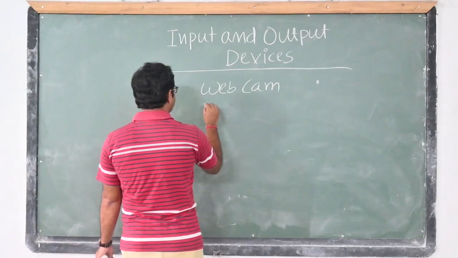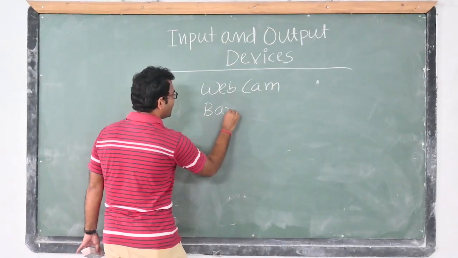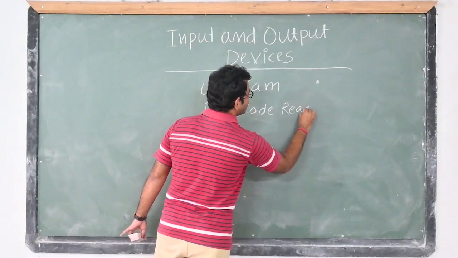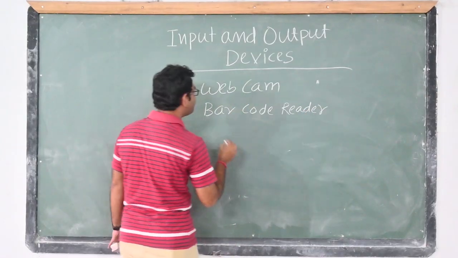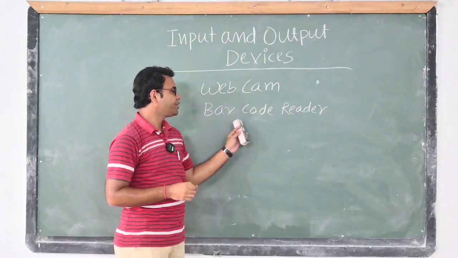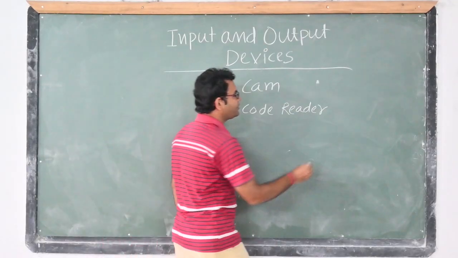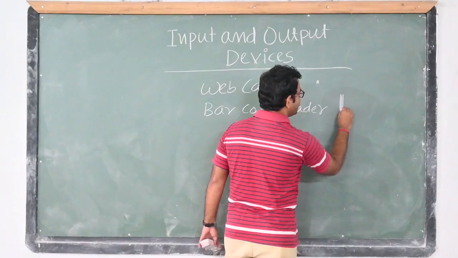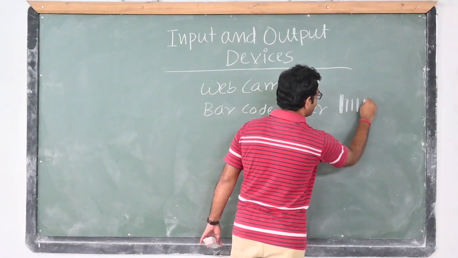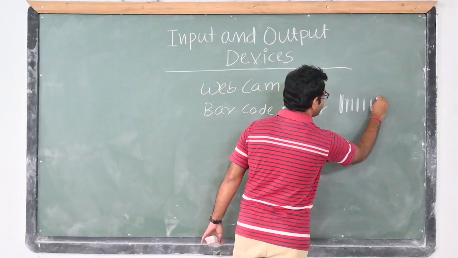Now the barcode reader is an example of an input device. You can see the barcode reader when you are going to a shopping mall. In the shopping mall, on any product there is a tag, on your clothes or any kind of product you are buying.